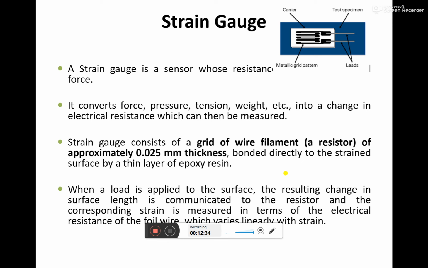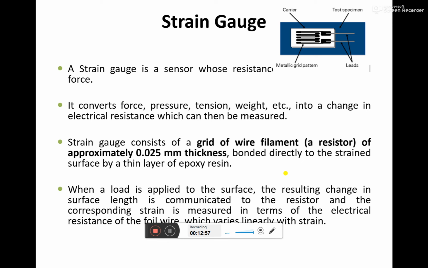Whenever a load is applied to the surface, there is a change in the surface length. So the wire filament you attached, whenever the load is applied over it, will get extended.